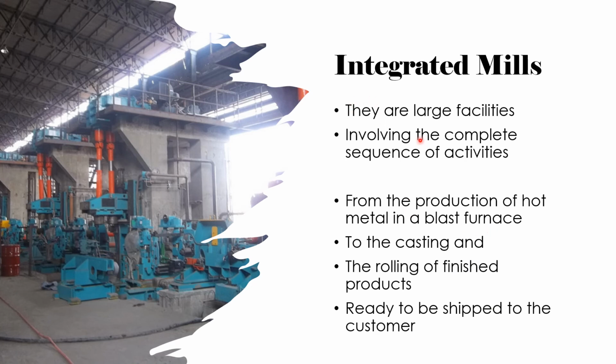So integrated means just a large facility, and we do all of this, starting from making your molten metal, and we use big, hot furnaces to melt your metal, and then you do your casting, you do your rolling, and then you cut your products and ship them out. So everything is happening in integrated mills.